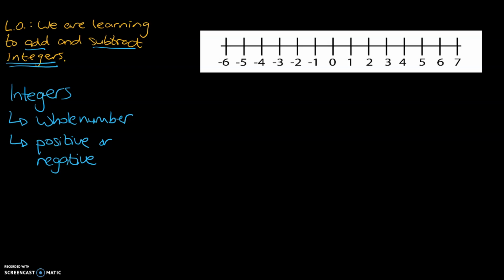Our starting point is going to be addition. And we've got that written up there, addition. So the first question I want us to look at is, if you have positive 2 and you're adding positive 3 to that, where do you finish?